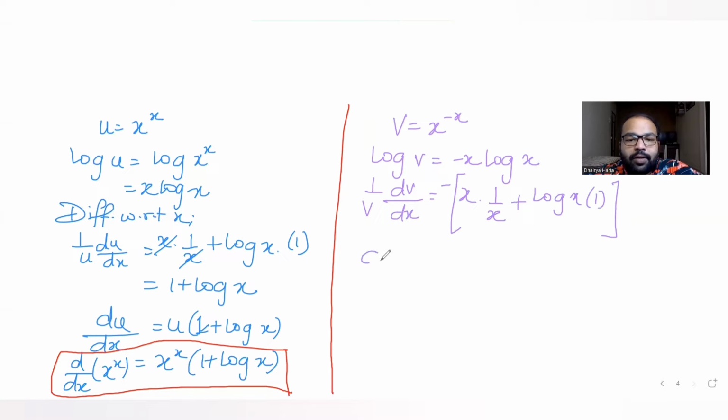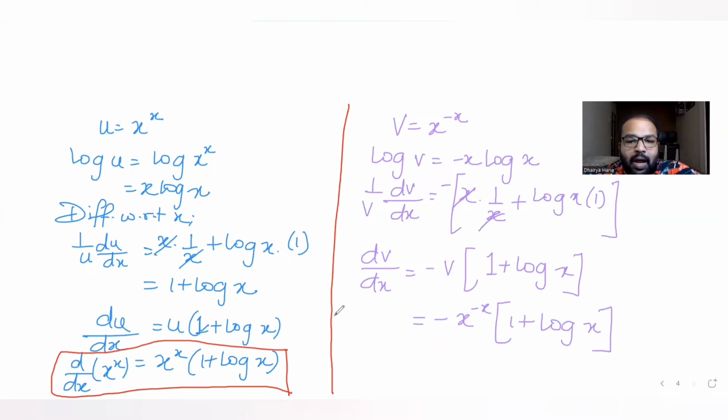So what I get here is dv by dx equals minus v, this gets cancelled, and you are left with (1 plus log x). I can again resubstitute v as x^(-x), so the derivative of x^(-x) is -x^(-x) (1 plus log x). So we have also received the derivative of x^(-x) in this case.